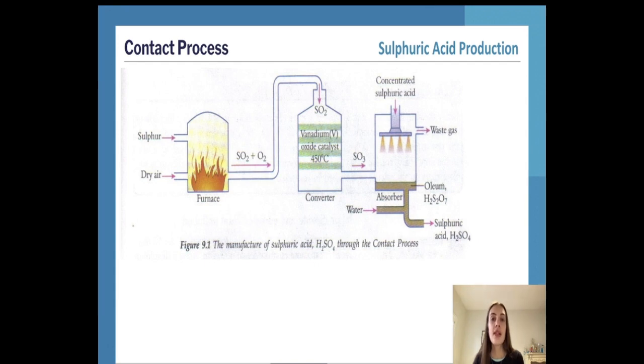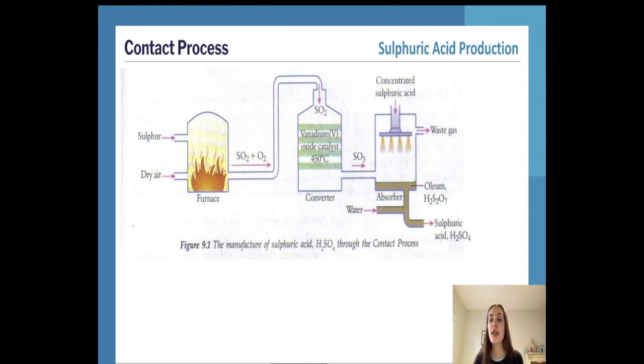And so when we consider the reaction conditions for the contact process, we need to consider the proportions of sulfur dioxide and oxygen. So the mixture of sulfur dioxide and oxygen going into the reactor is going to be in equal proportions by volume.